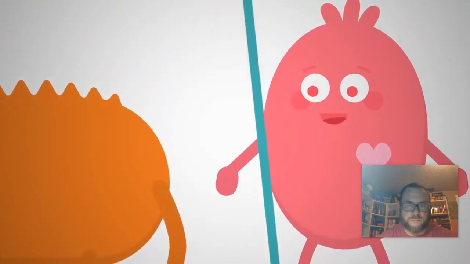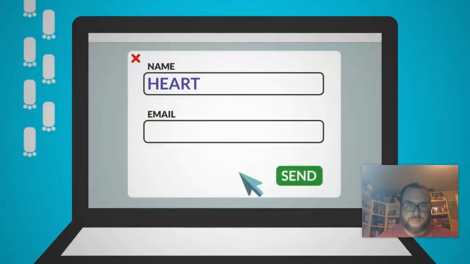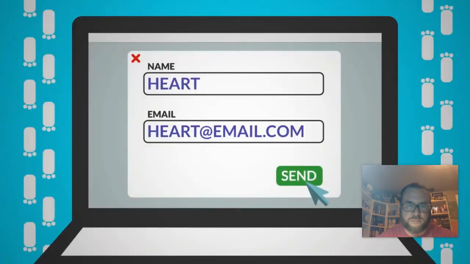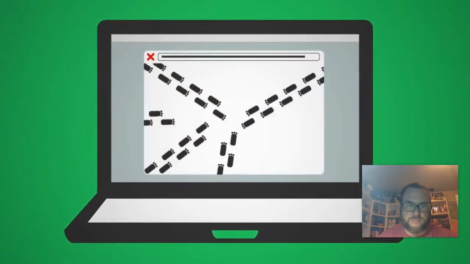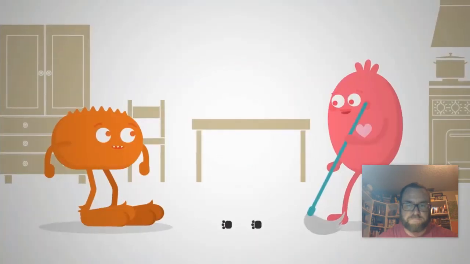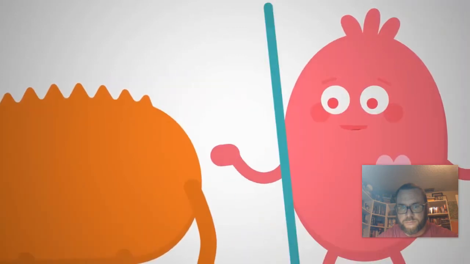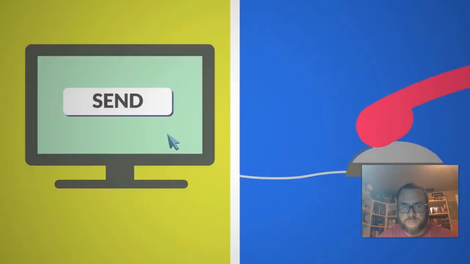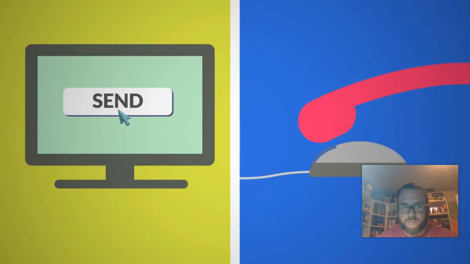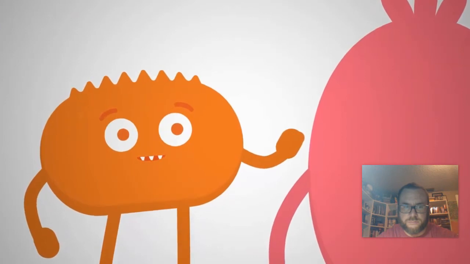I'm online all the time sharing things. I play online, I post online, I submit and send things online almost every day. Well, since you're online a lot, you have footprints all over the place, and it's really hard to erase these footprints. You mean I can't just clean them up? No, it doesn't work like that. How does it work? Our digital footprint can get really big really quickly, so we need to pause and think when we're online. We need to be safe, responsible, and respectful.